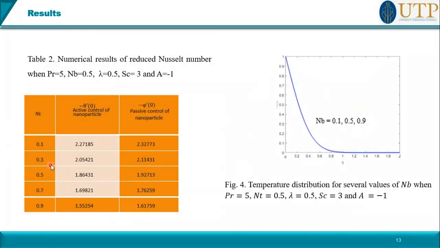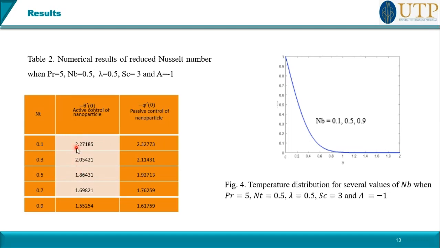From table 2, a decreasing trend is seen for the reduced Nusselt number as the value of the thermophoresis parameter NT increases, for both active and passive control of nanoparticles.